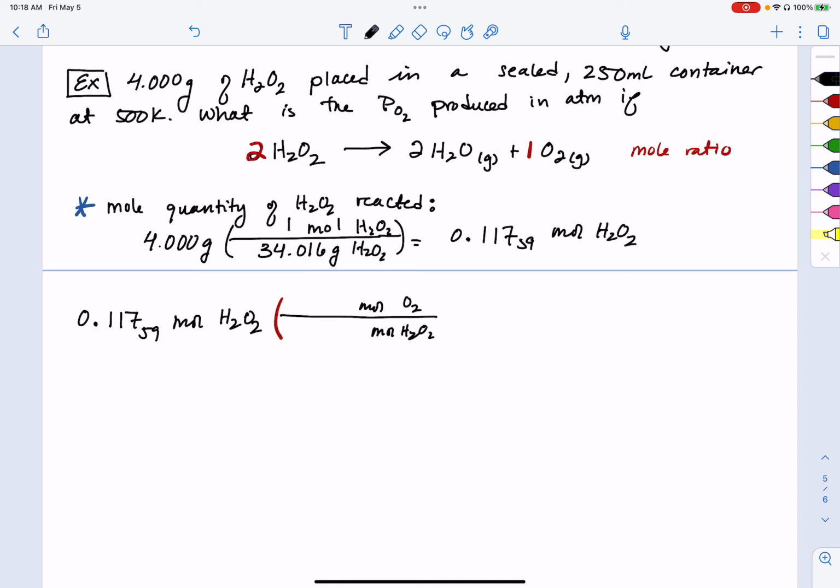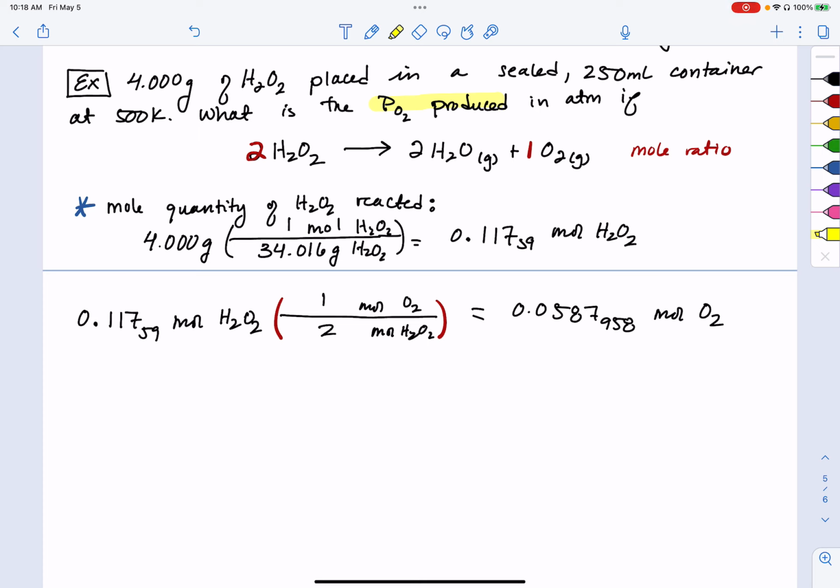I know that for every 2 moles of H2O2 reacted, I generate 1 mole of oxygen. So I need to take my mole quantity of peroxide and cut it in half. This gives me 0.058795 moles of O2.